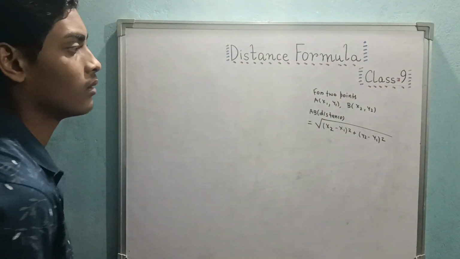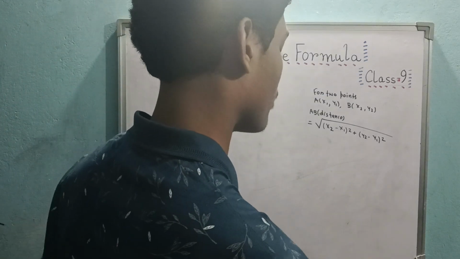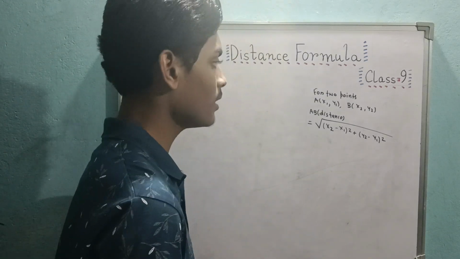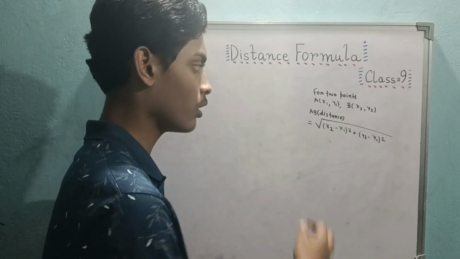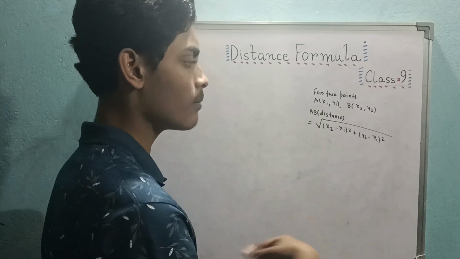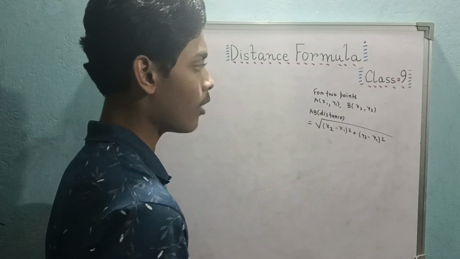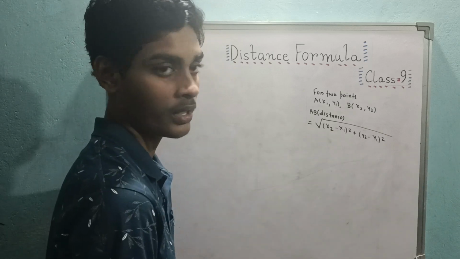That is the formula. You can also do x1 minus x2 whole square, because we learned that any number, whether it is positive or negative, its square will be positive, so it will remain same. Okay, you can do x1 minus x2 whole square plus y1 minus y2 whole square anyhow, but don't do x2 minus y1 whole square, x1 minus y2 whole square.